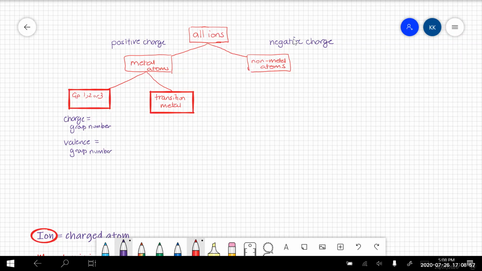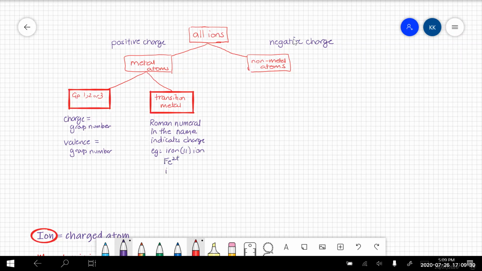If we're looking at a transition metal, we need to look at the name. There will be a Roman numeral. And that's going to indicate what charge it has. So, for instance, the iron 2 ion is Fe2+.